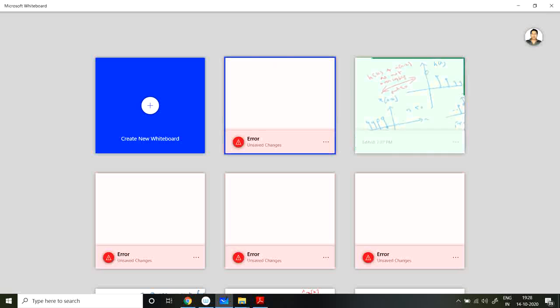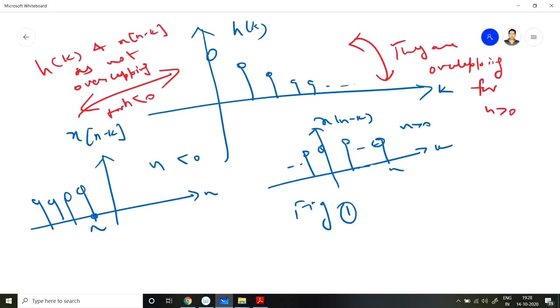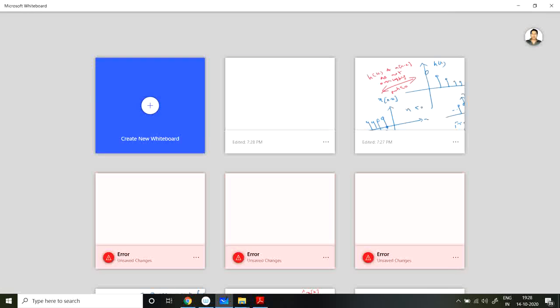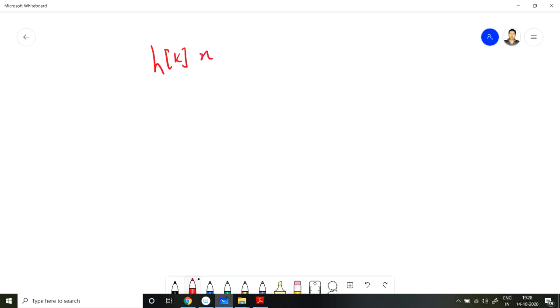If we see the previous graph, h[k] and x[n minus k] are not overlapping for n less than 0 and are overlapping for n greater than 0. So let us write this: the product of h[k] and x[n minus k] is equal to 0 for n less than 0.